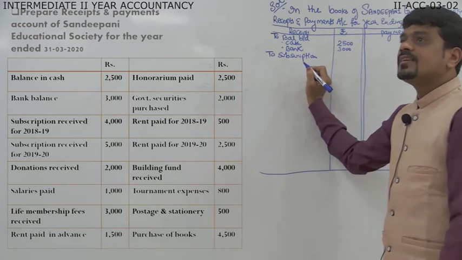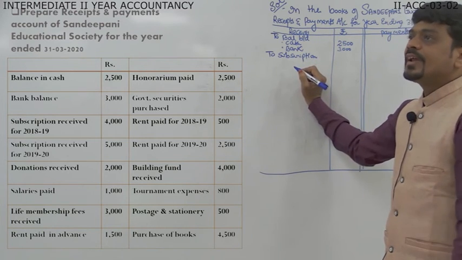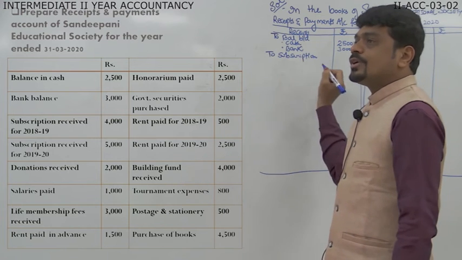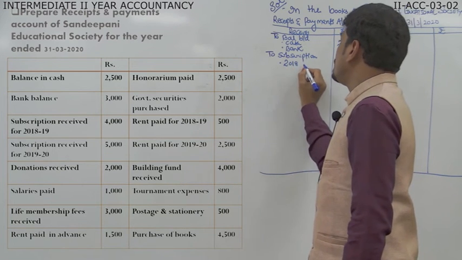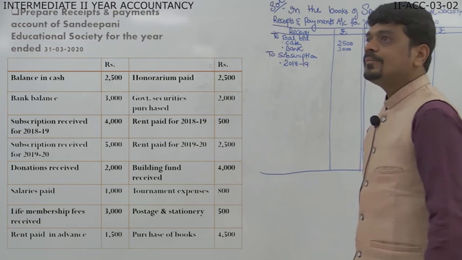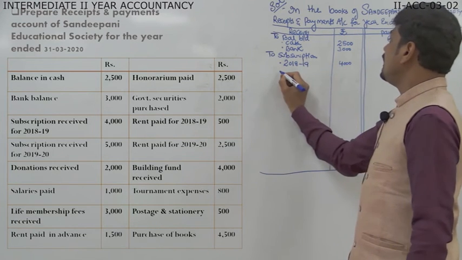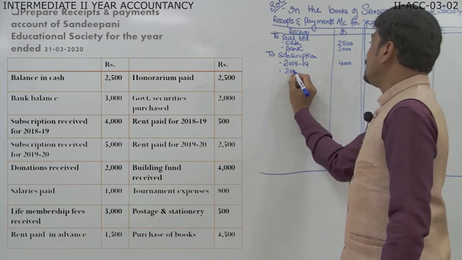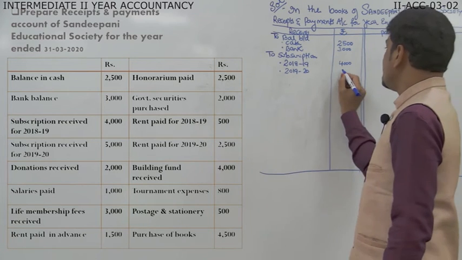They gave 2 years' subscription, one for 18-19 and one for 19-20. No need of writing it two times, we'll write directly here. First, this is for 2018 to 19, they gave 4,000. Then below that, 2019 and 20, they gave 5,000.